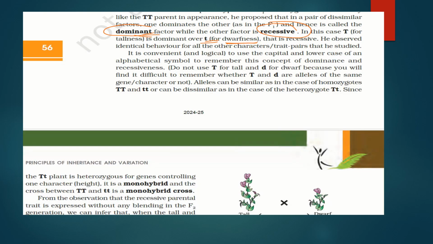So last day we have already spoken about the dominant and the recessive characters. We have spoken that capital T is taken for the tall, dominant character, and small t is taken for the dwarf character.